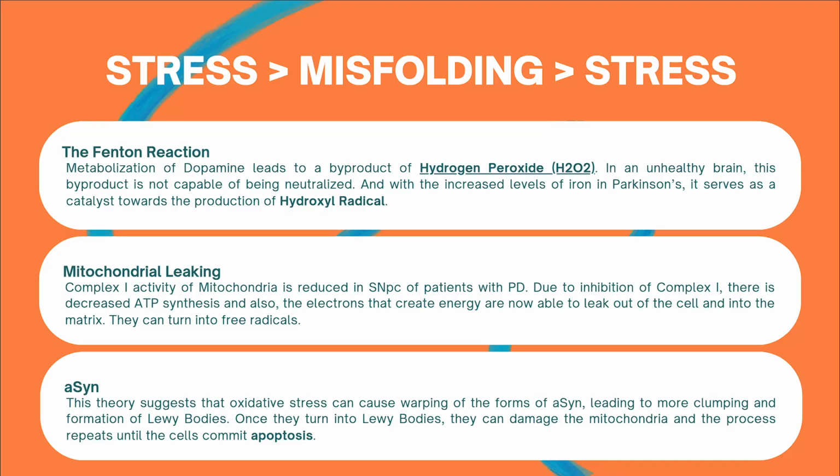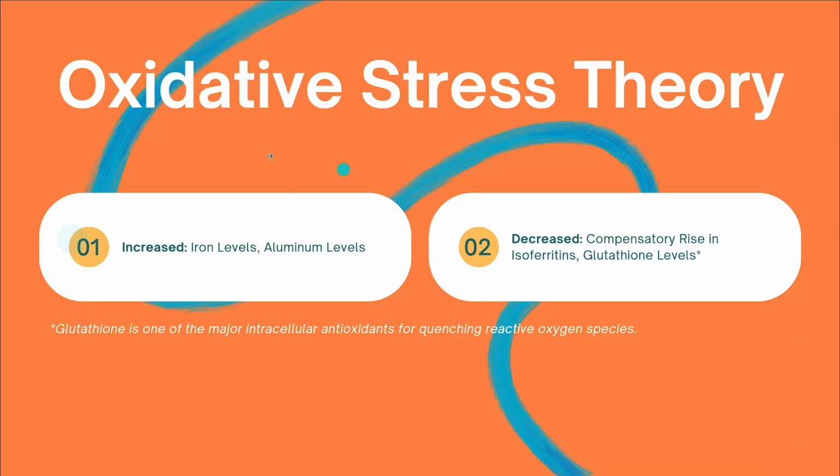Not literally, okay, not literally. The patient is not setting themselves on fire. I'm just using an analogy so it makes more sense. But the big point here is that this free radical is very dangerous. So that's what we call the Fenton reaction. That's what is related to oxidative stress theory, and more specifically, the increased iron levels.